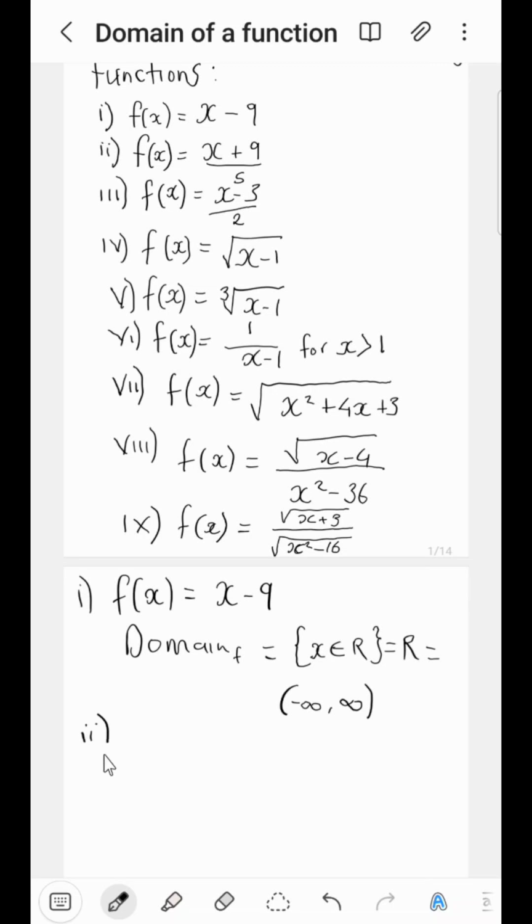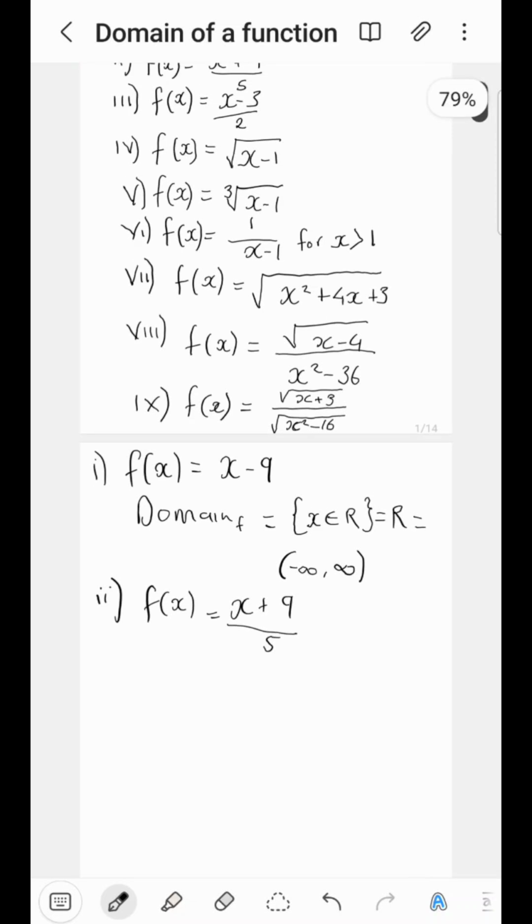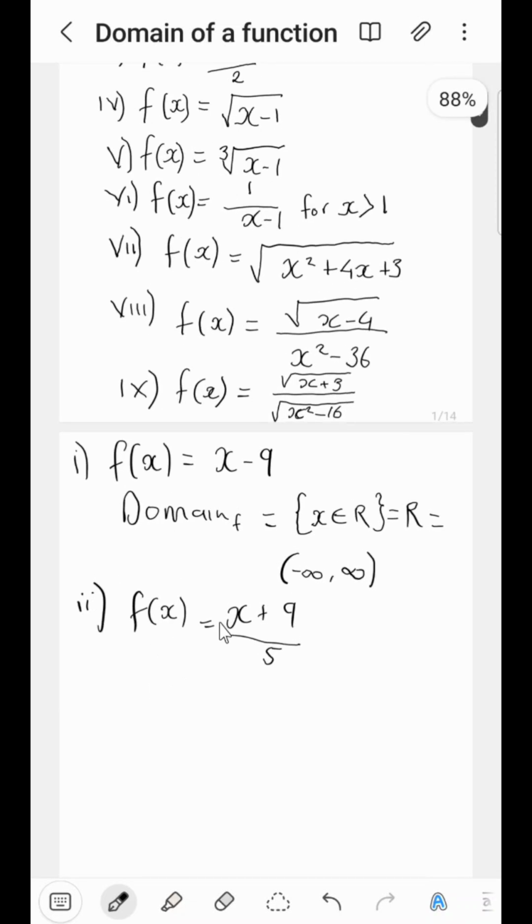Second function. We have f of x equals x plus 9 over 5. So what are the values of x that will make this function to be defined? All the real numbers will make this function to be defined, because even if we put a negative value there, the function will be defined. If we put 0, the function will be defined.